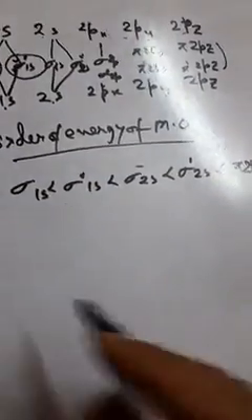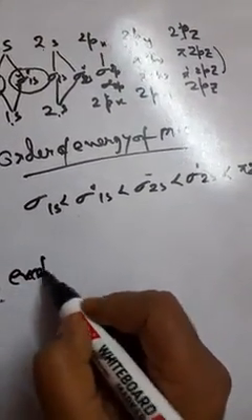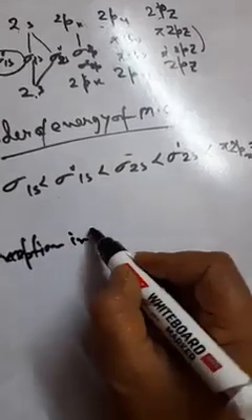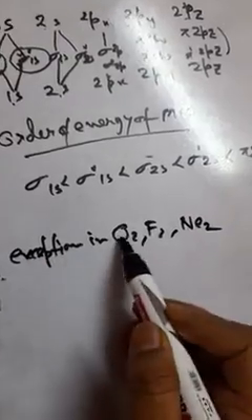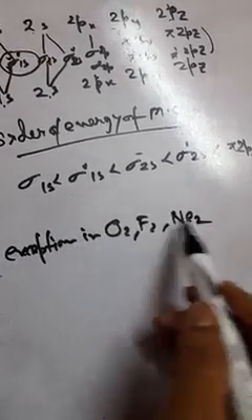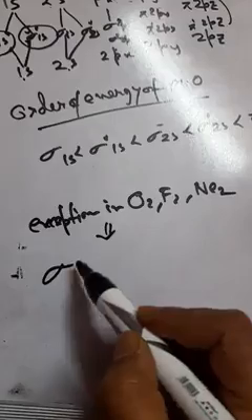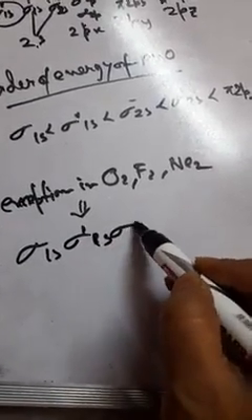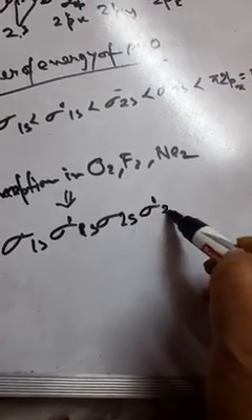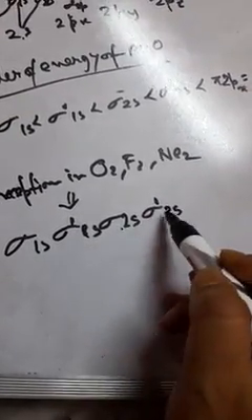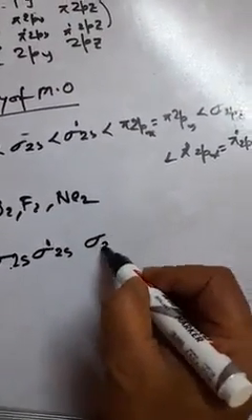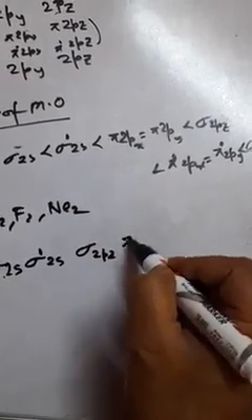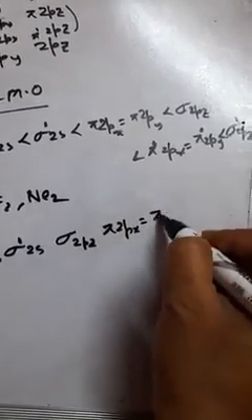There are some exceptions in case of O2, F2 and Ne2. In these three cases, what will happen? The order will be like this. Initially, it will be the same: sigma 1s, sigma star 1s, sigma 2s, sigma star 2s. Then sigma 2pz will come after that, and then pi 2px equal to pi 2py.